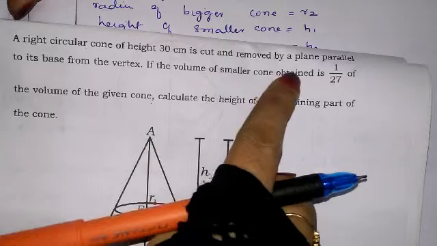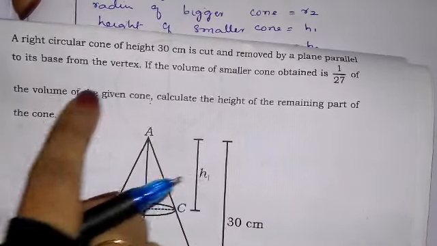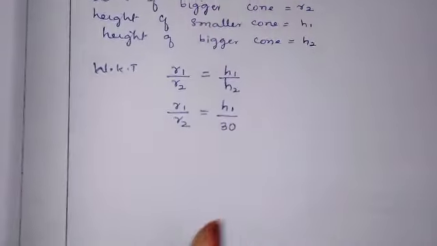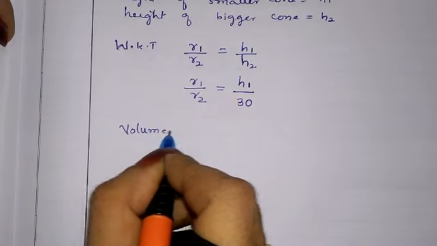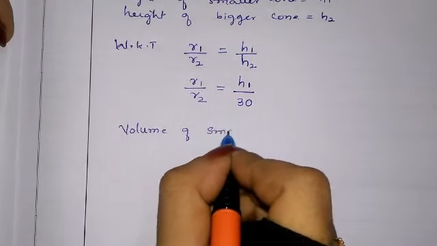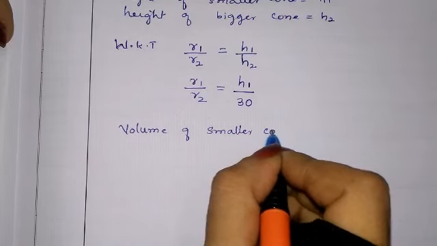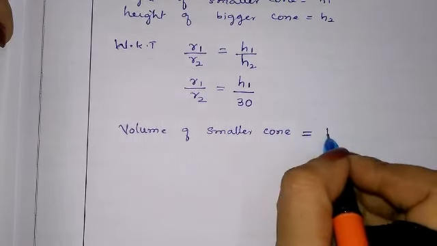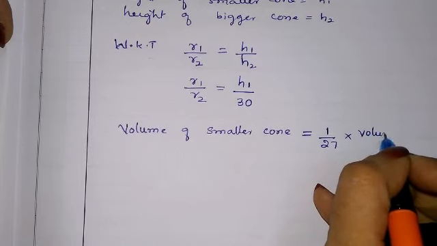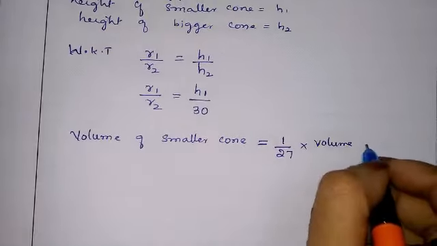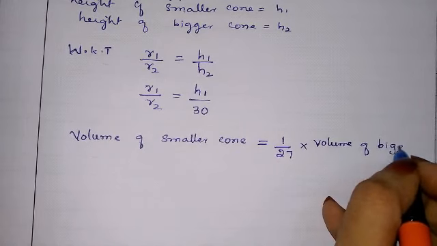According to the question, they have told that the volume of the smaller cone is 1/27th of the volume of the bigger cone. Let me write that: volume of smaller cone is 1 by 27 of volume of bigger cone.